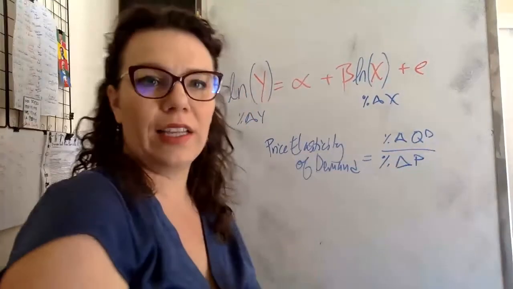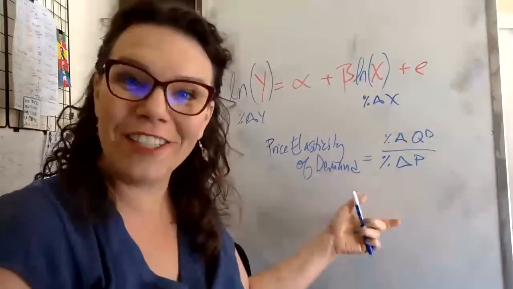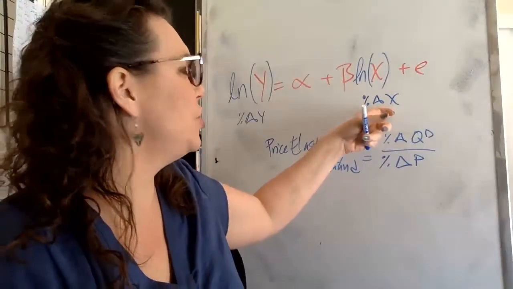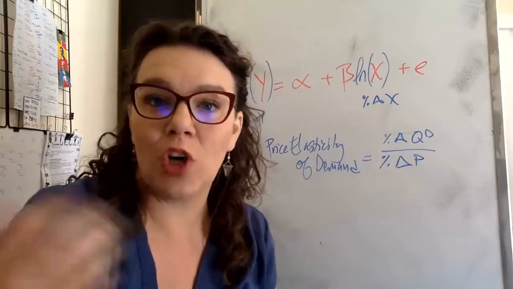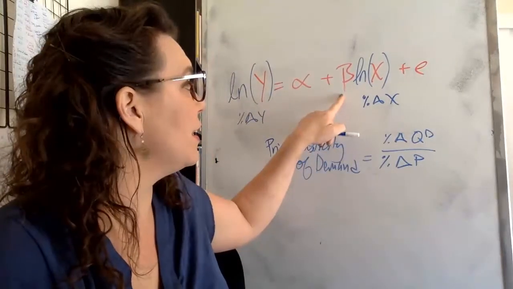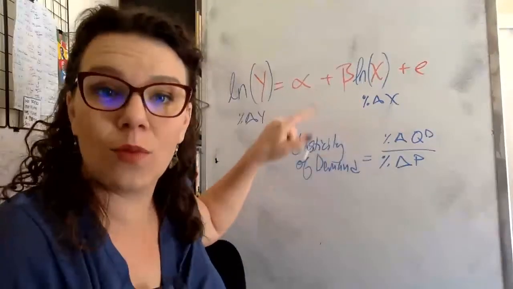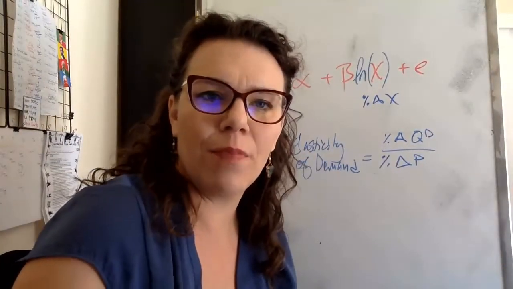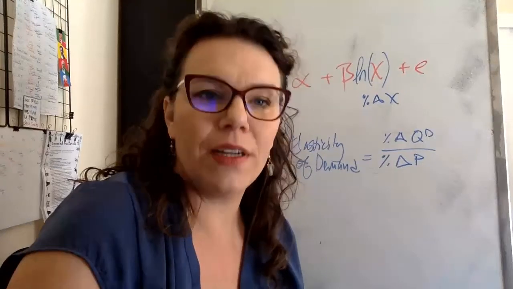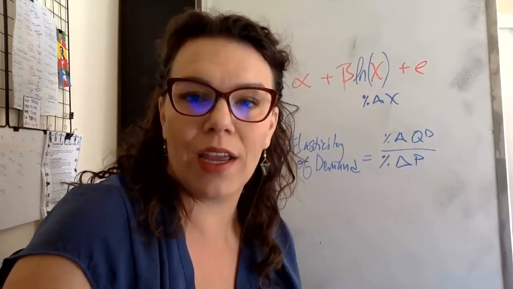So that's what an elasticity is definitionally. And so when we're looking at the percent change of x on a percent change in y, where you can interpret those coefficients, that beta is going to be the elasticity of whatever x and y are: income elasticity, price elasticity of demand, price elasticity of supply. It's not something we're going to deal with a lot, but it's definitely really useful to know and remember.